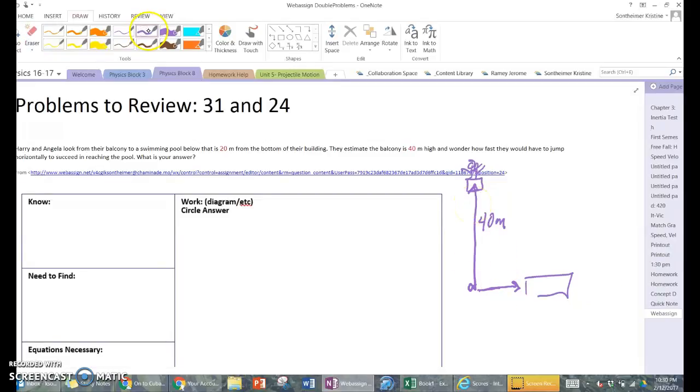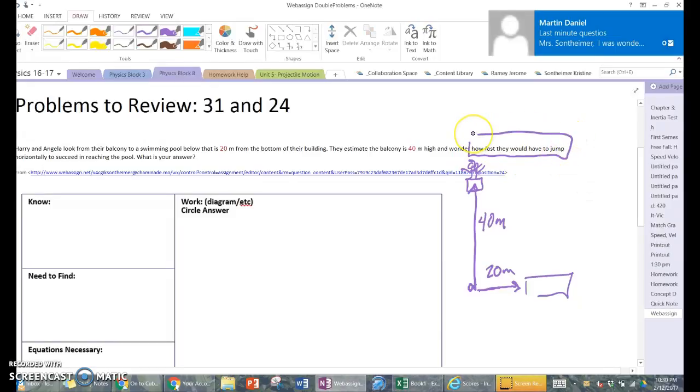I'm not measuring, I'm not going to waste your time doing that right now. But we know it's about 20 meters, this distance. Okay, a lot of you guys are like, oh, easy, Pythagorean theorem, right? But they're trying to figure out how fast they would jump.